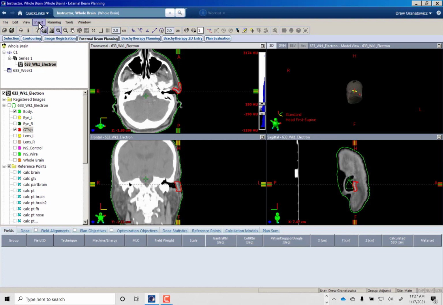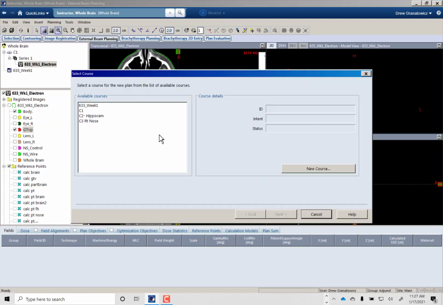but let's add a plan. So I'm going to insert new plan. If you guys could create a new course, you can add a new course with this button right here and just call it 633_week1. That'll help me stay organized since we're reusing a previous patient that you guys already planned with.